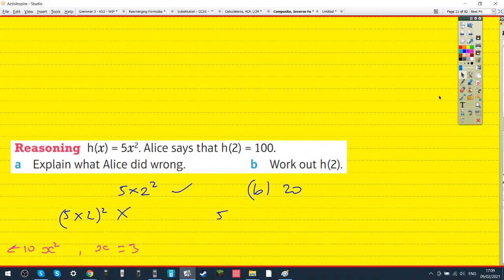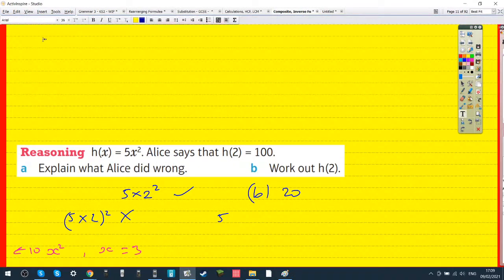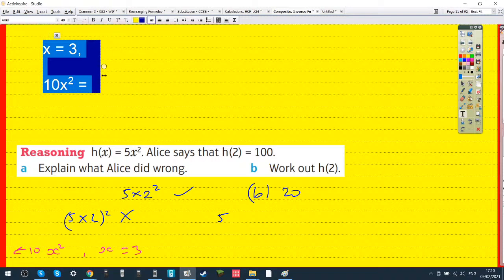So let's try this question. x equals 3. 10x squared equals what? Any idea about that?